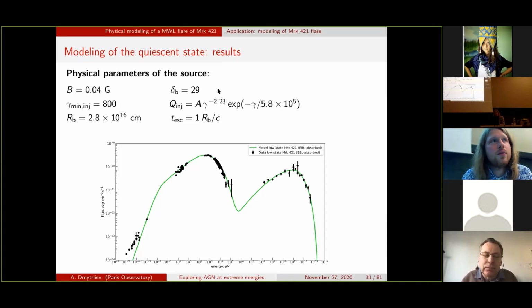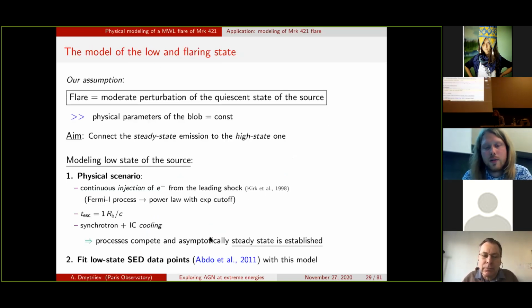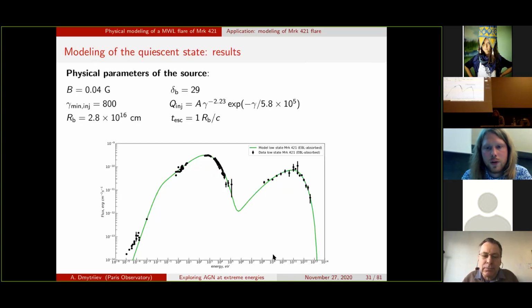And since you asked, there was a stationary, instantaneous modeling done by these authors, who present the compilation of the multi-wavelength data set. They performed stationary SSC modeling and deduced stationary parameters, and they had a very similar Doppler factor, I think 20, 21, in the range between 20 and 30.